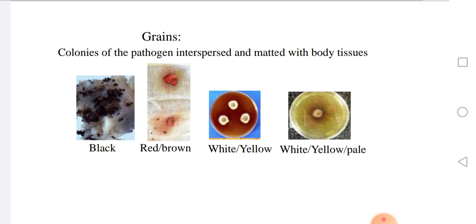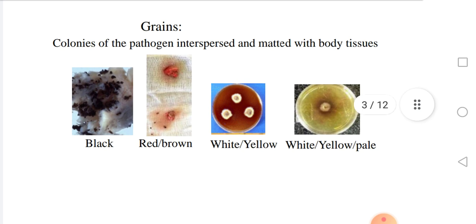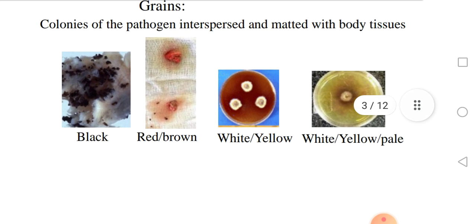They have got colors, and the color of the grain depends on the causative agent. Those are different colors. The color of the grain may be black, as you see here, red or brown, white or yellow, white, or pale.